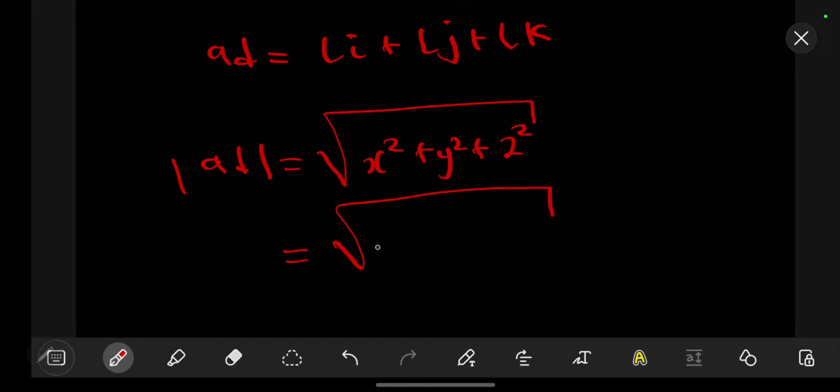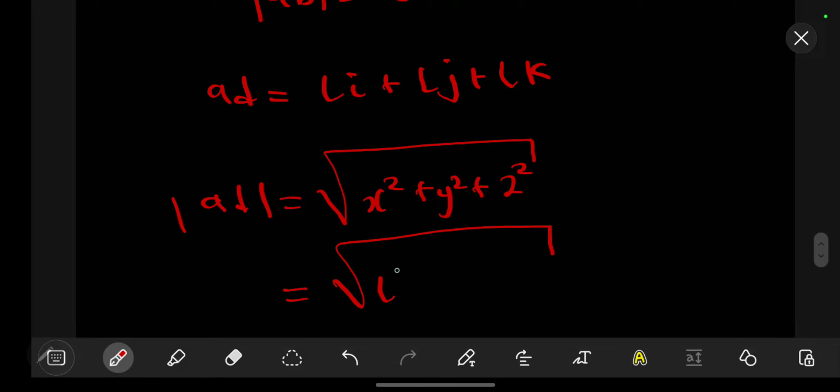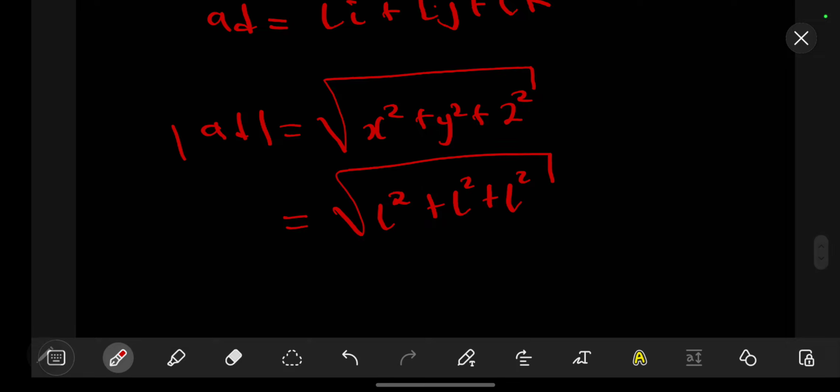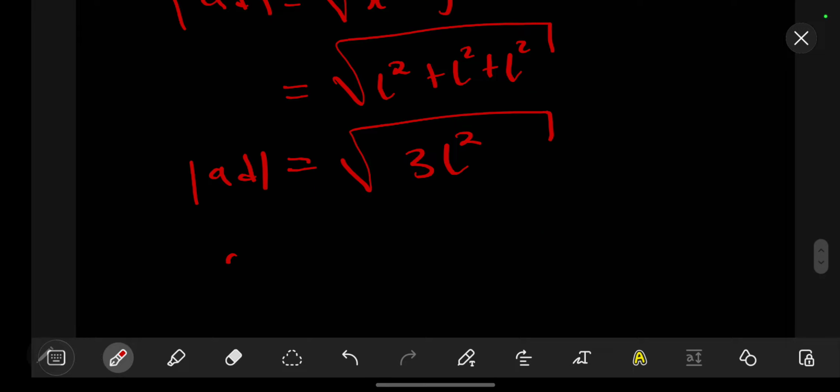We know that our x value is L. So we can say L squared plus our y value, which is the one having j, is also L squared plus our z, which is L as well. Remember, these i, j, k are just showing you the position, so we don't include them when calculating the magnitude. So if you add L squared plus L squared plus L squared, it will be 3L squared, like that. So this will be the magnitude of AD.